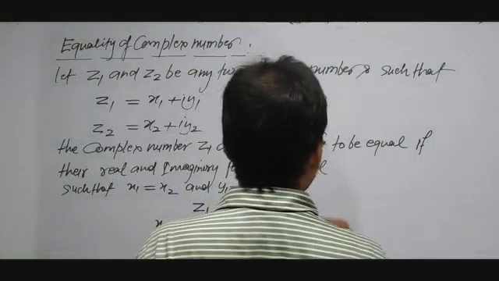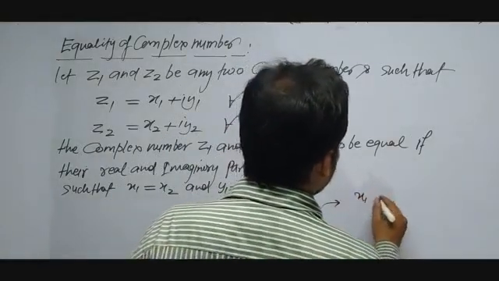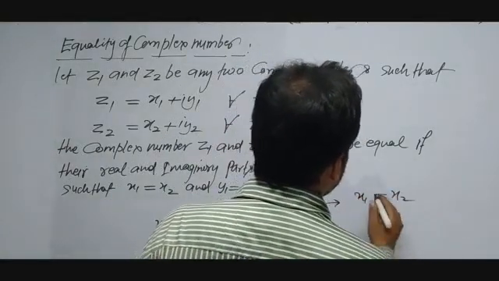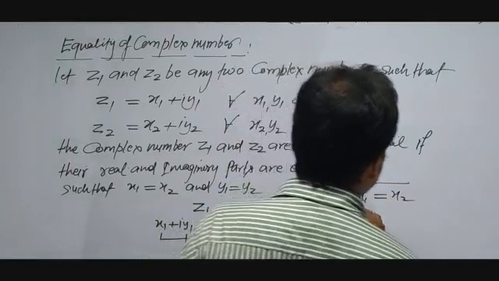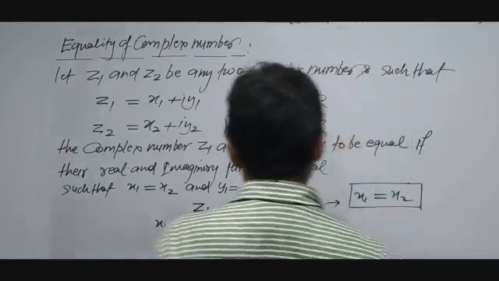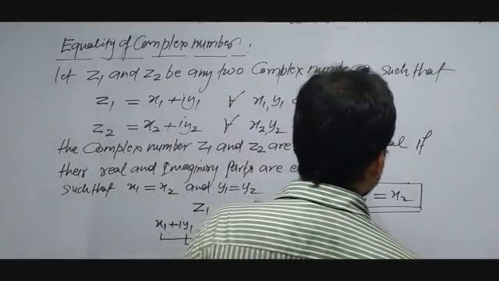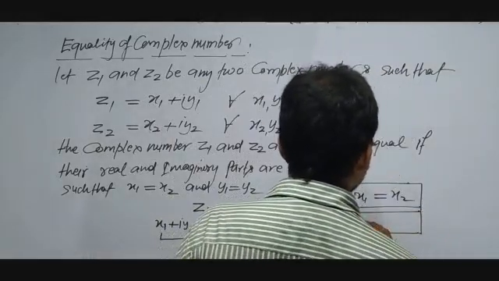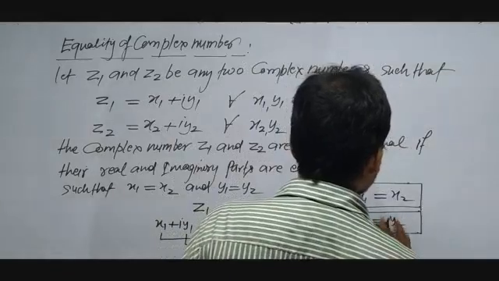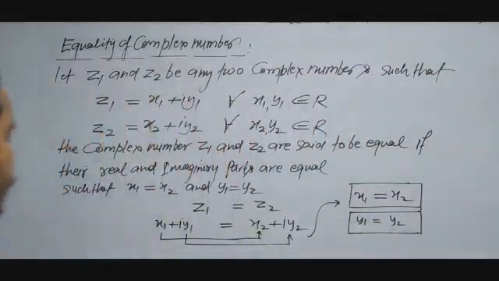So this implies we can write x1 is equal to x2 and y1 is equal to y2. This is the condition for two complex numbers to be said to be equal.